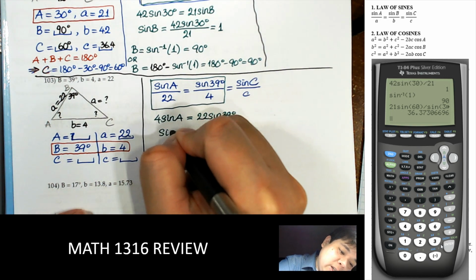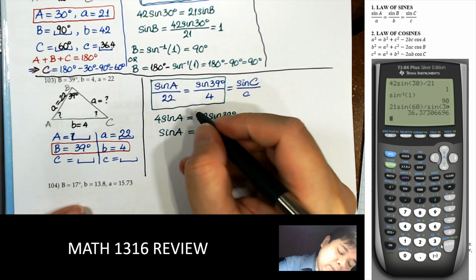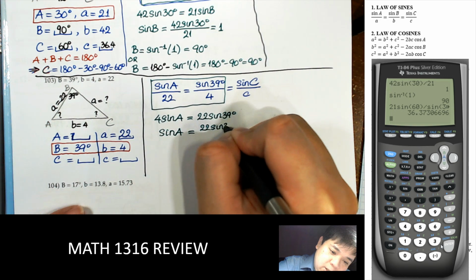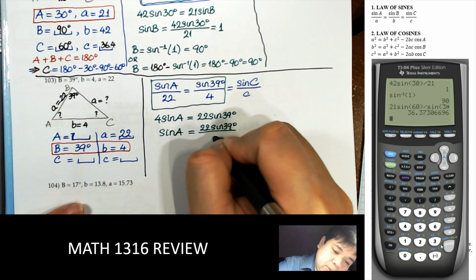Let's cross multiply and then we divide. So sine of A equals 22 sine of 39 degrees over 4.